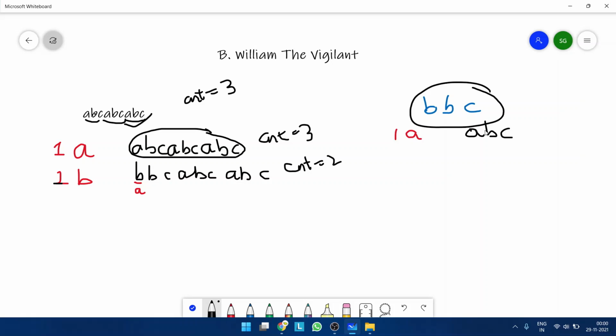Now we see that we have added a substring ABC. So we have to see that after replacing the character with the character C, this is the C variable, we have to see if it forms a substring ABC or not.